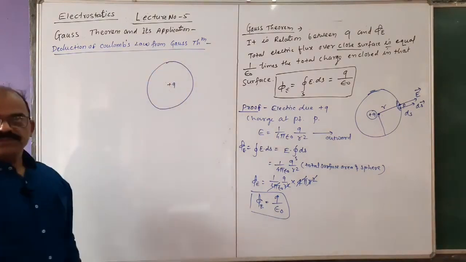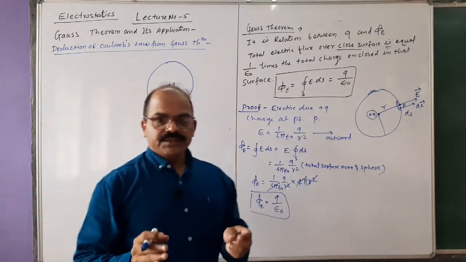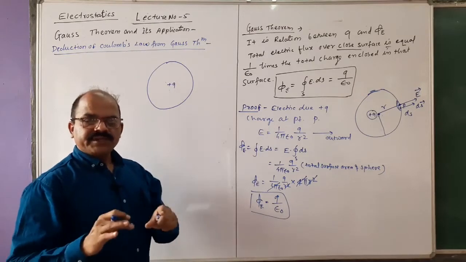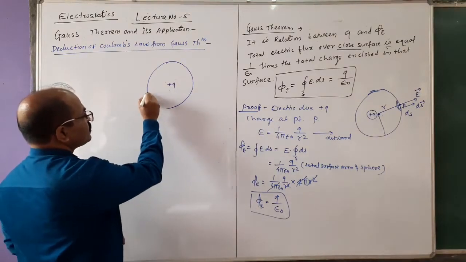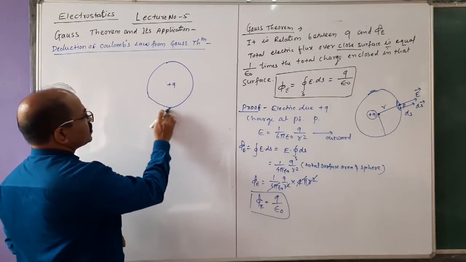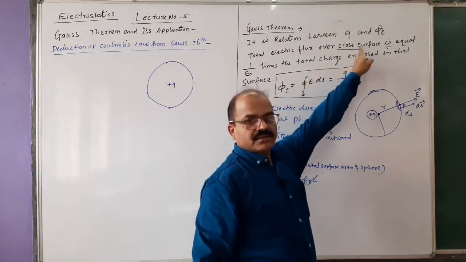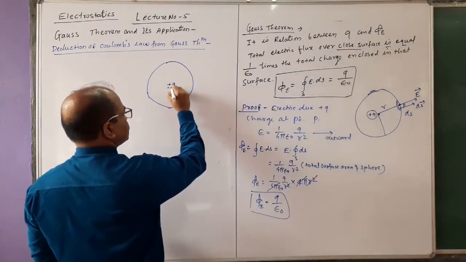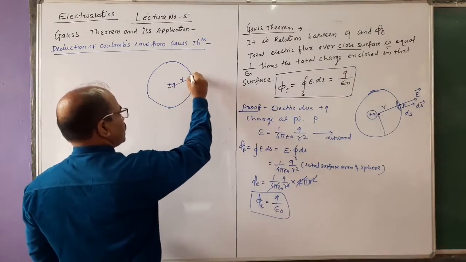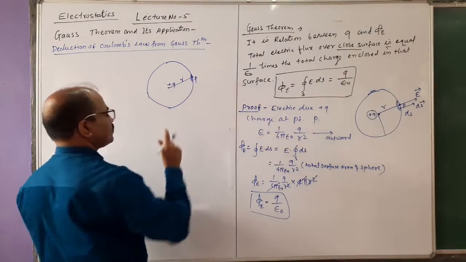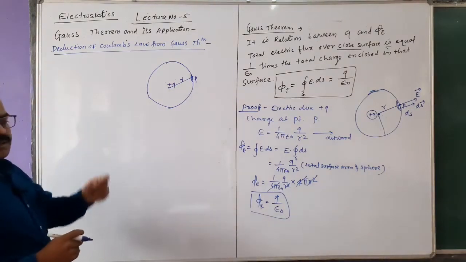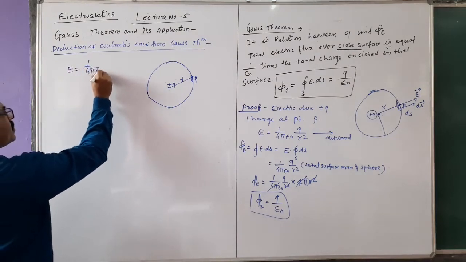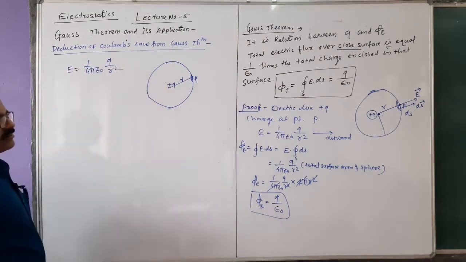This is an imaginary, or hypothetical, sphere drawn around the charge, so it becomes a closed surface, with radius r. Again P is a point on the surface of this sphere, and the electric field at that point is E equal to 1 divided by 4 pi epsilon naught, Q divided by r square.